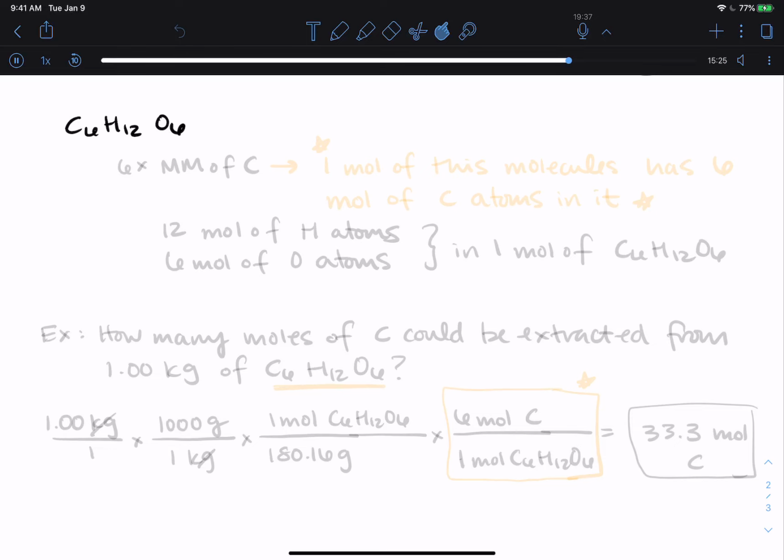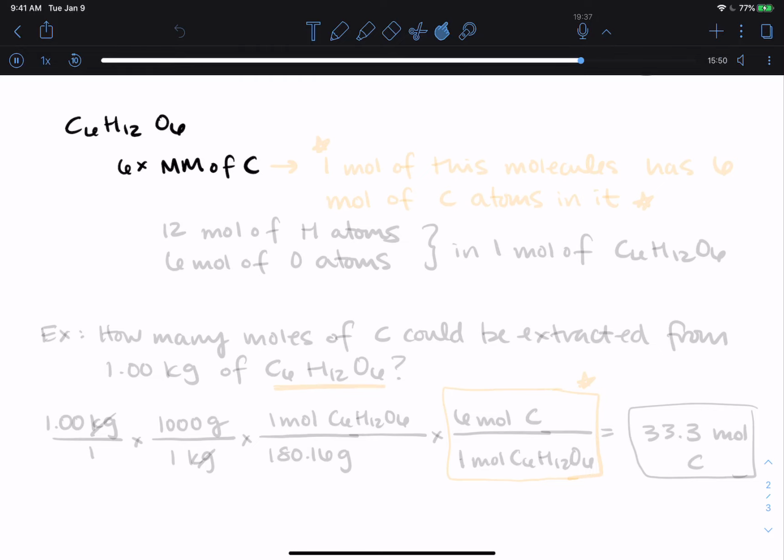If I pull out part of what we did for calculating the molar mass, we did 6 times the molar mass of carbon. I did that because I had 6 atoms of carbon in one molecule.